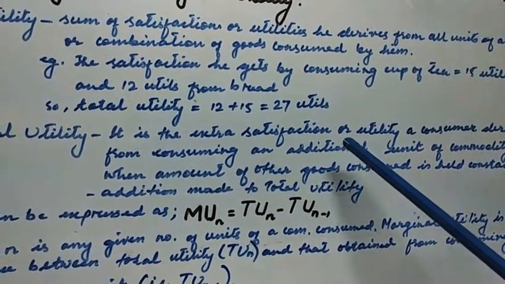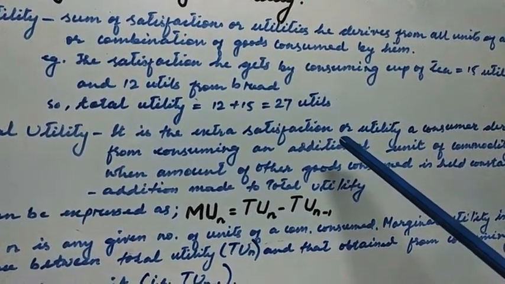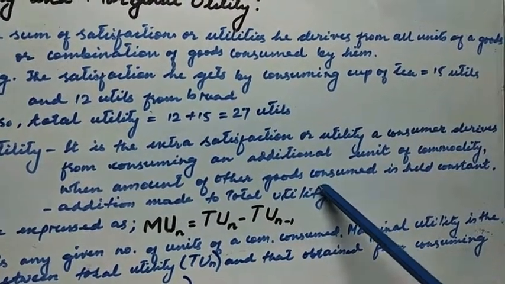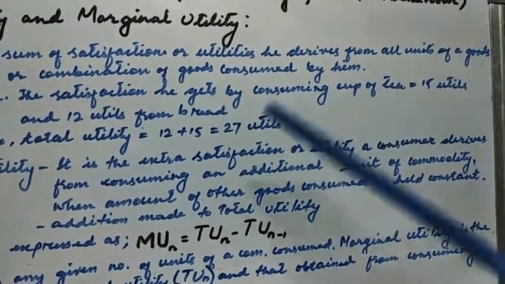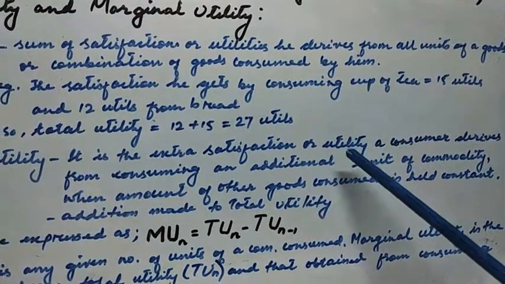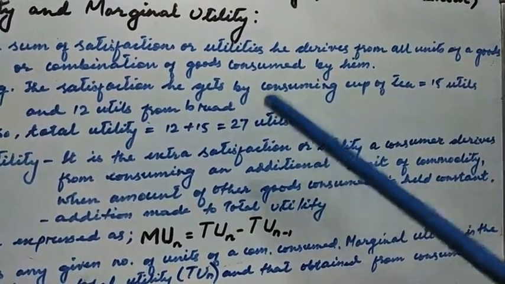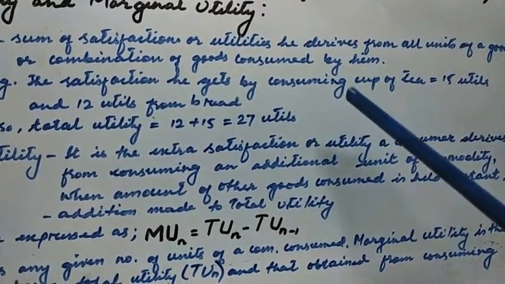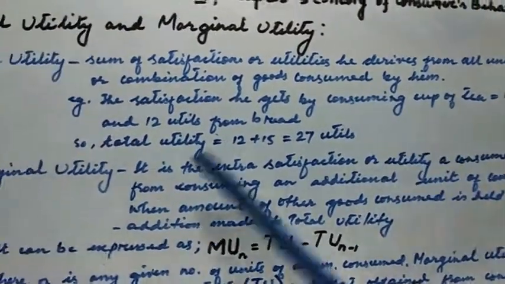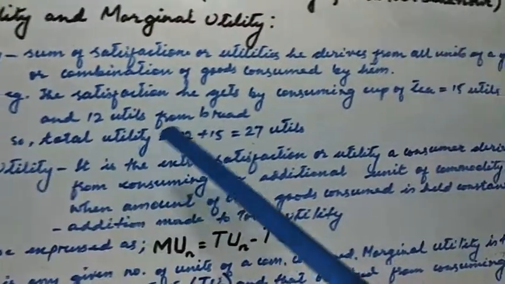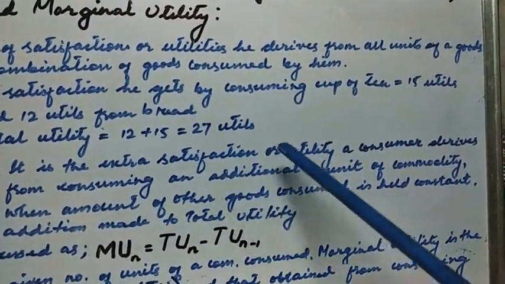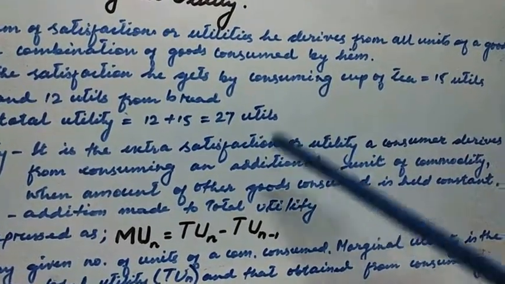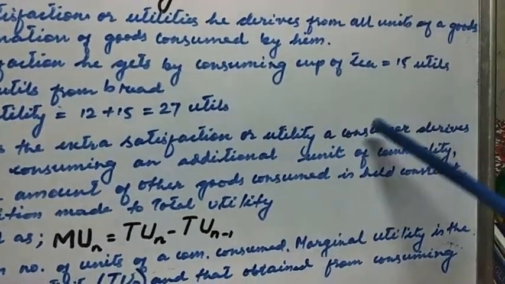Let us say you are keeping the bread consumption constant and you are taking an additional cup of tea. So the additional amount of utility that you derive from consuming an additional cup of tea, that is the marginal utility. It is the extra satisfaction or utility that you derive from consuming an additional unit of a commodity.